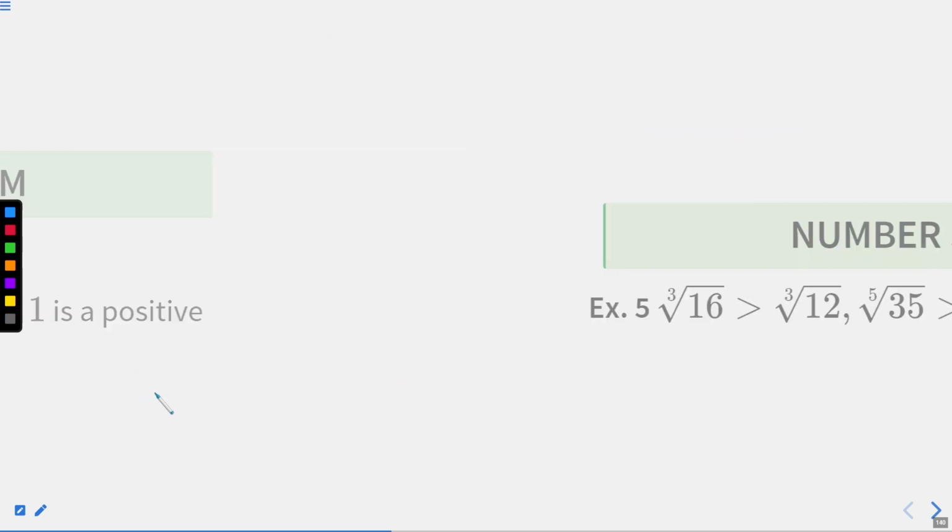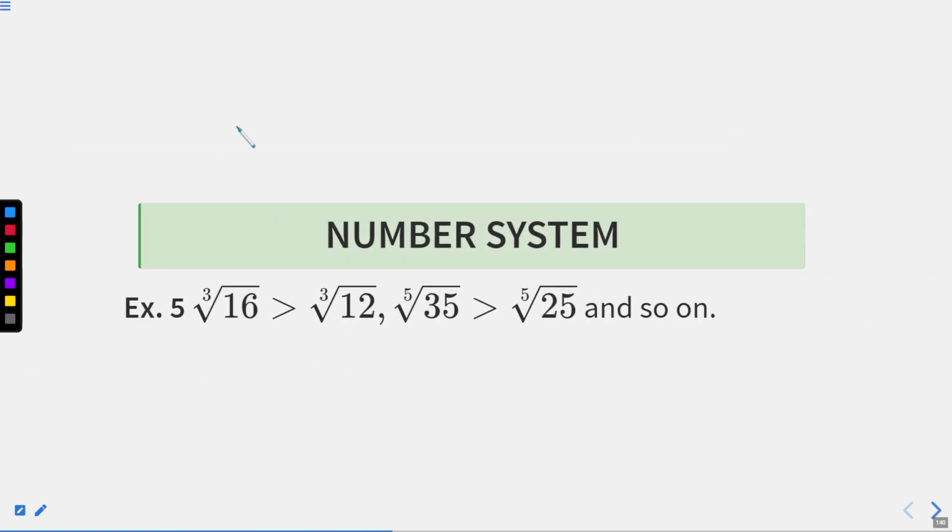Okay, let's see. So if you see here, it is given the cube root of 16 is greater than cube root of 12. Here 16 is given, here 12 is given. We know 16 is greater than 12, and both are greater than 0.